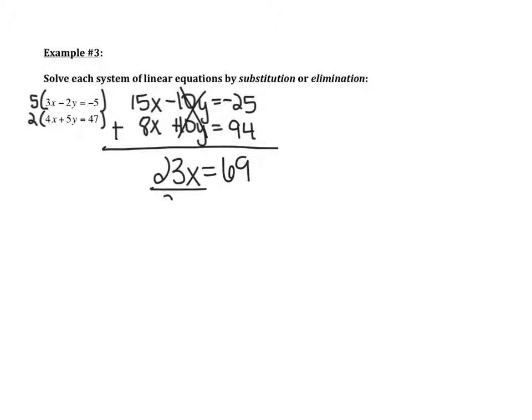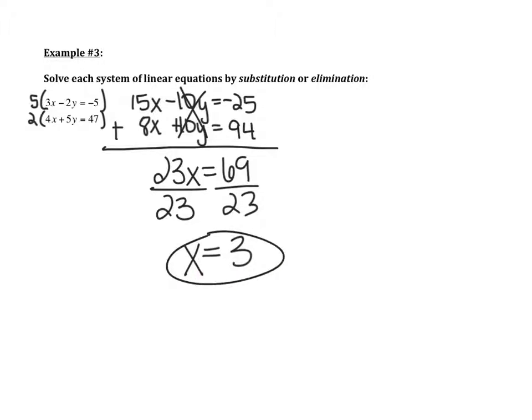So when I divide both sides by 23, I end up with x equals 3. So I automatically know that I don't have infinite solutions or no solution since my variables did not cancel out and I did end up with an answer. Now taking that first answer, x equals 3, I would plug it back into either equation that I originated with. So I would have 4 times 3 plus 5y equals 47.